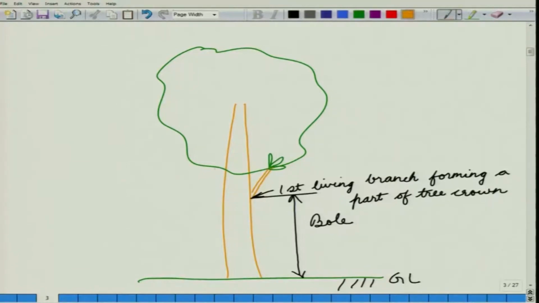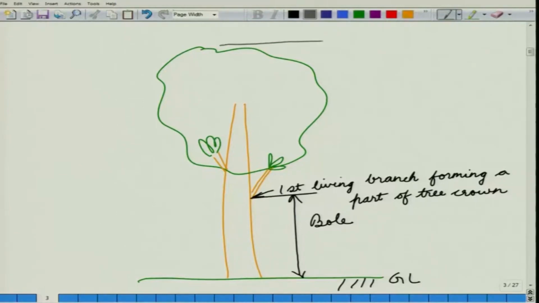We could also have some other branches, like a branch here that is also a part of the tree crown, but we will take our bole till the base of the first living branch. So, what is the portion that is above our bole?